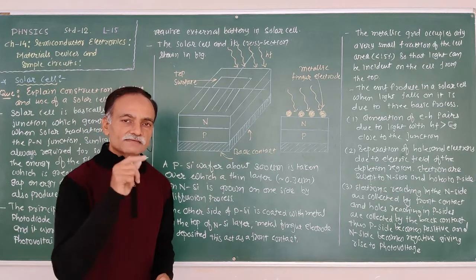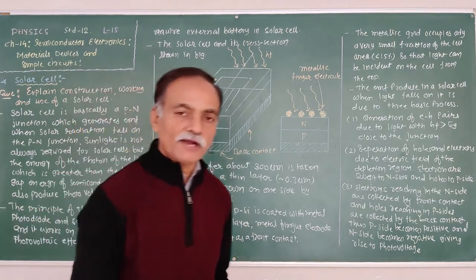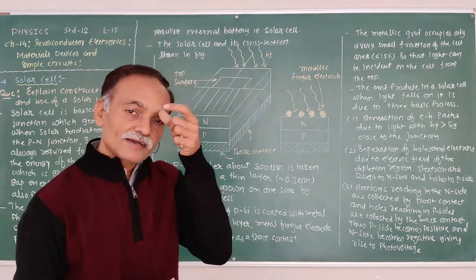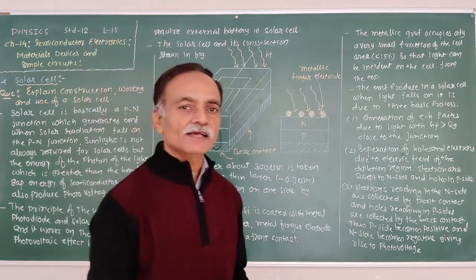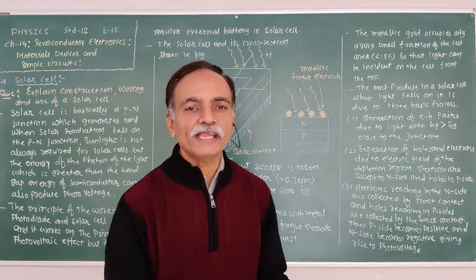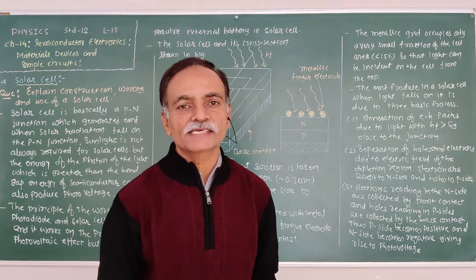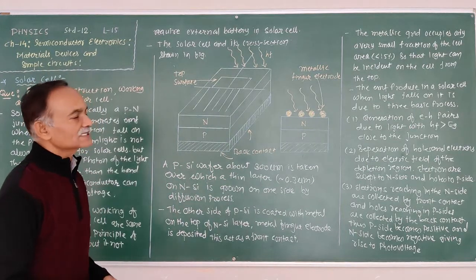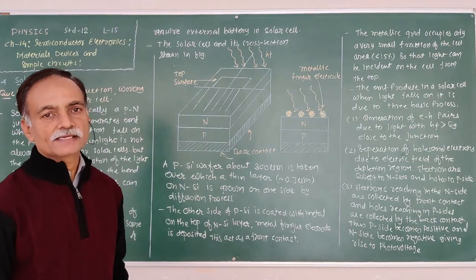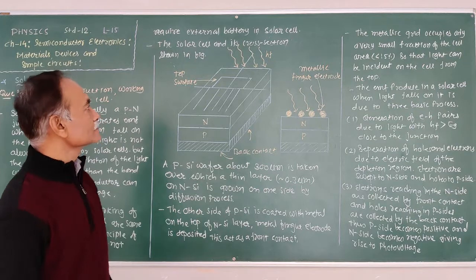Just as we studied, in a photodiode reverse bias is required, in a light emitting diode LED forward bias is required, while in a solar cell no bias or external battery is required, because this PN junction acts as a self-battery. It produces the current.